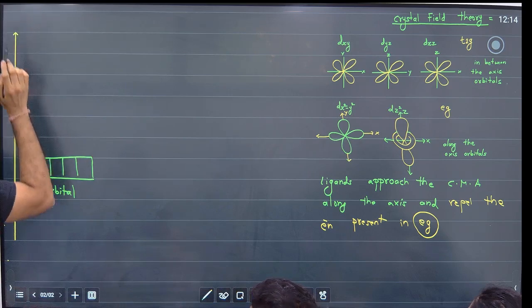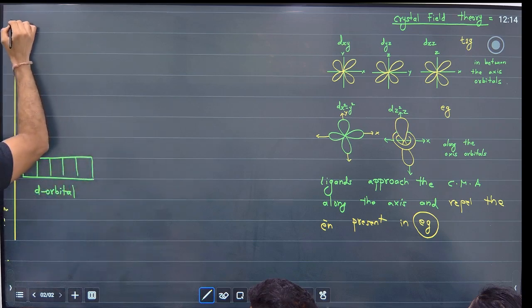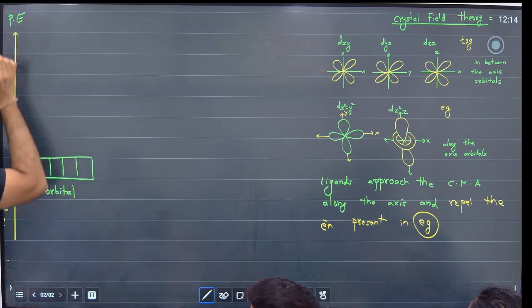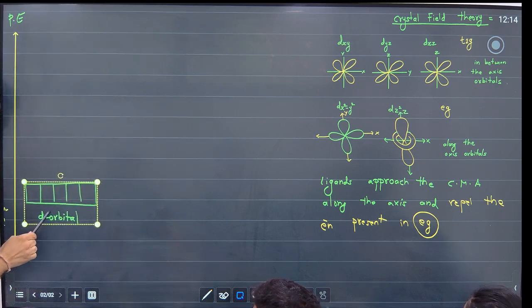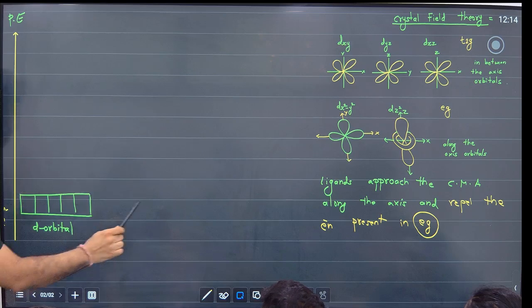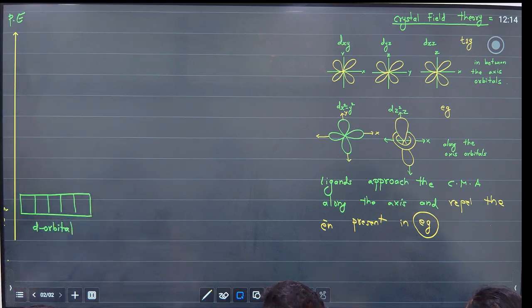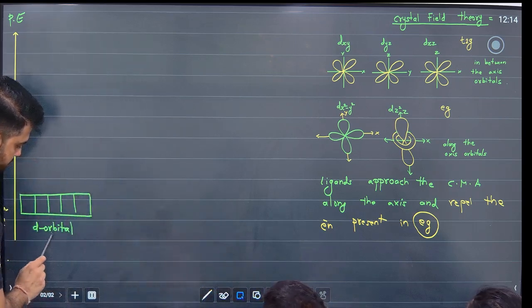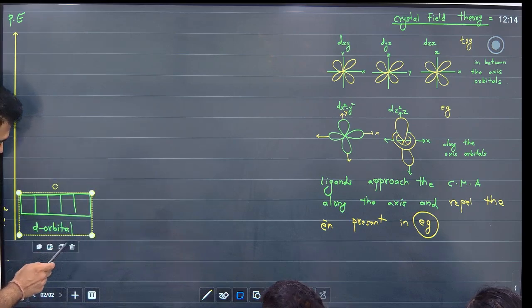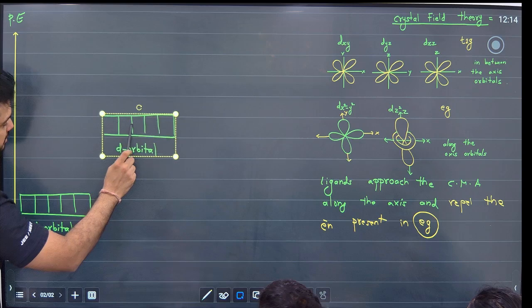This axis represents potential energy. Degeneracy means all of them have the same energy. So all d orbitals, dxy, dyz, dxz, dx square minus y square and dz square, all of them have the same energy. But when the ligands approach they lose their degeneracy. First of all, the energy of the d orbital increases.